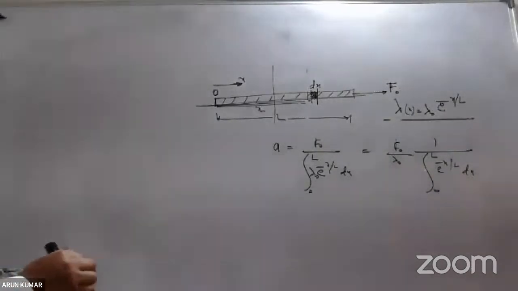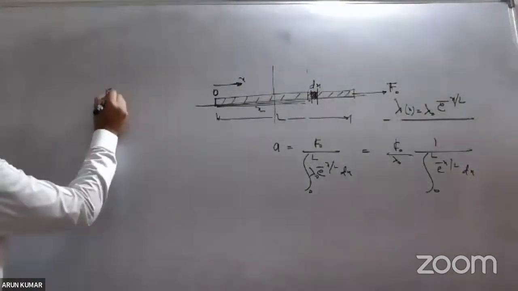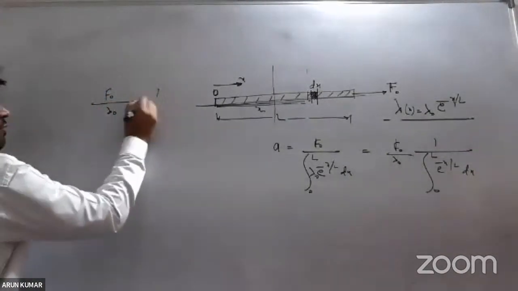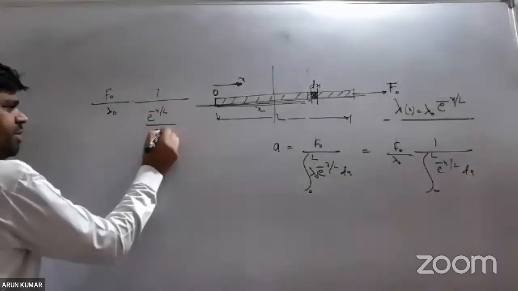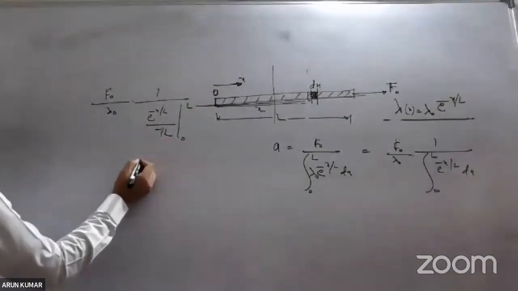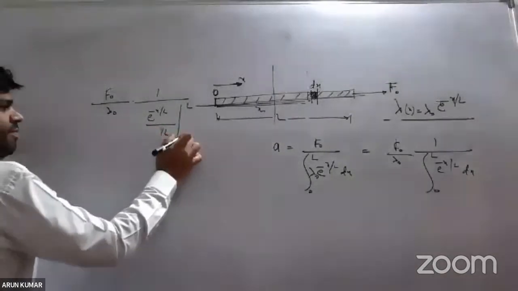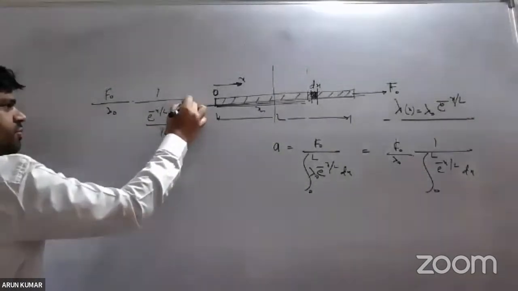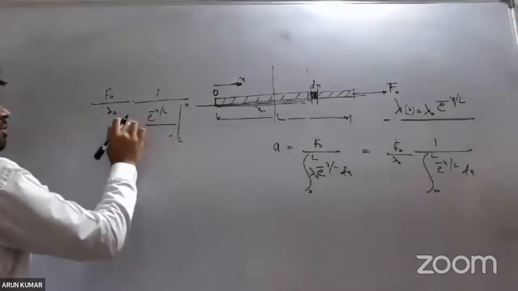So what is it? F naught by lambda naught into 1 by e power minus 1 by minus 1 by L under limit 0 to L. So minus 1 by L goes to the top. I can remove this minus sign, flip the limits L to 0, and this L goes to the top.